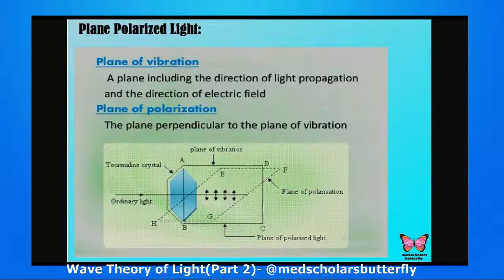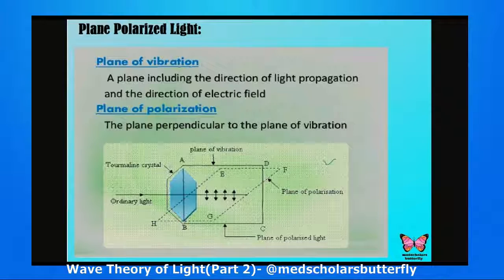These are three basic definitions based on this diagram. First is the light. What is the light called? The light is called plane polarized light. It means it will only travel in one plane, in which I am set and in which direction I am projected. What is plane of vibration then?